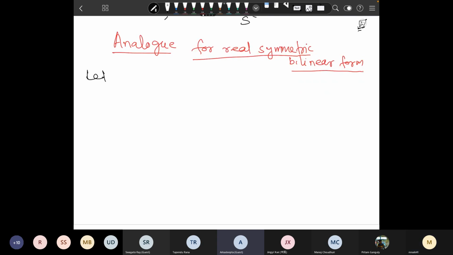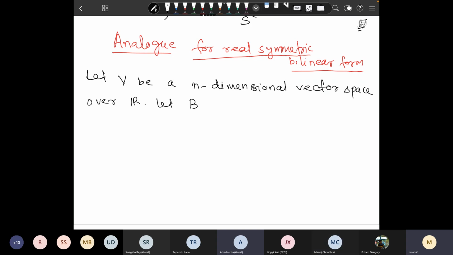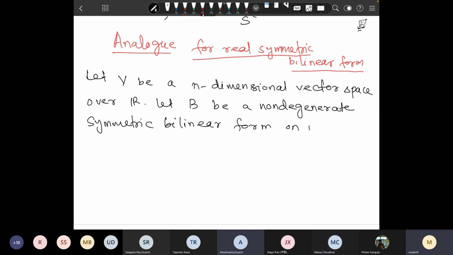Let V be an n-dimensional vector space over R. Let B be a non-degenerate symmetric bilinear form on it.